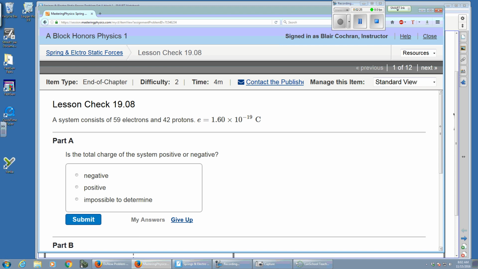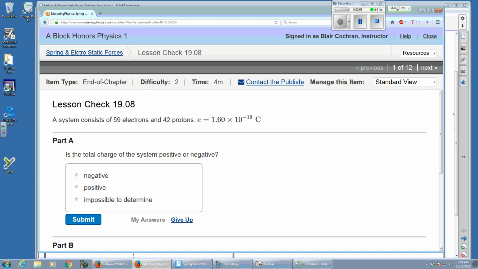Well, I can take the charge brought to the system by the electrons, and I can add that to the charge brought to the system by the protons. But I know that each one carries the same amount, and they're opposite types. So for the first electron, it's canceled out by the first proton, second one, third, all the way up to the 42nd, right?